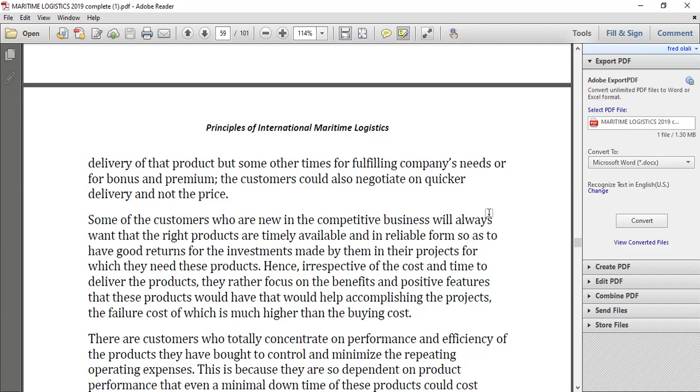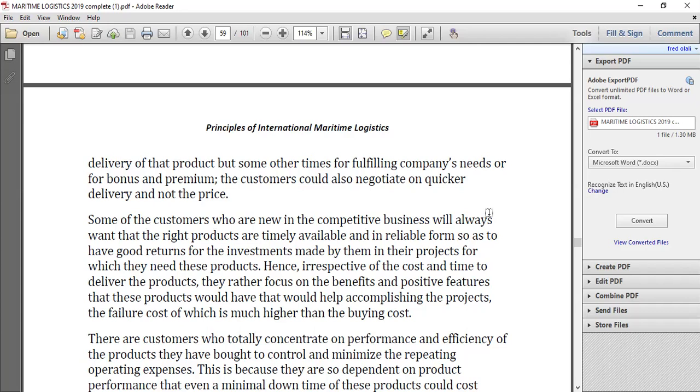The customers could also negotiate on a quicker delivery and not the price. Some will just tell you, I need these things within 1 week. Then the supplier says, no, 1 week is impossible, I can deliver them within 2 weeks. No, please make it 10 days, that is 1 week 3 days, so that I don't lose my clients too. So you can bargain on that.